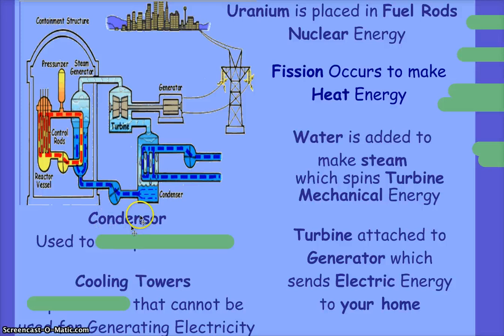We have a condenser, that's right here, which is used to kind of take back the water, which is great, because if we don't take back the water, what type of pollution occurs? Which is hot, means thermal pollution. Good.